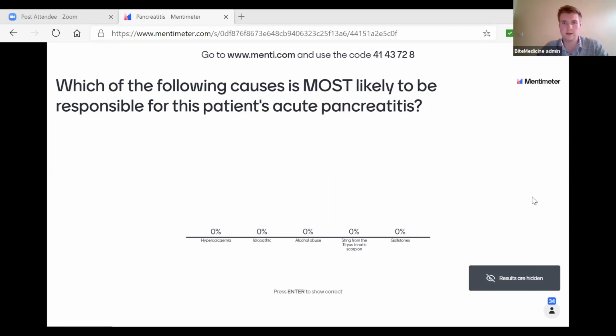You guys, a couple more moments. So our options were hypercalcemia, idiopathic, alcohol abuse, sting from the Titius trinatus scorpion, or gallstones.